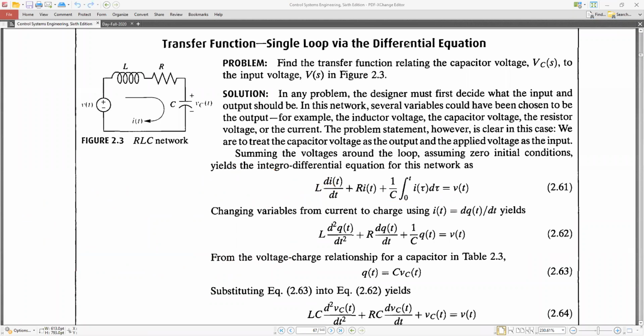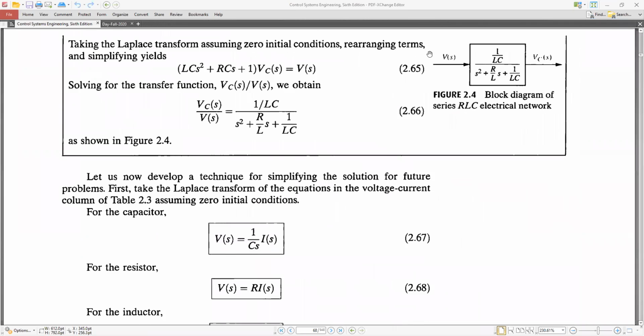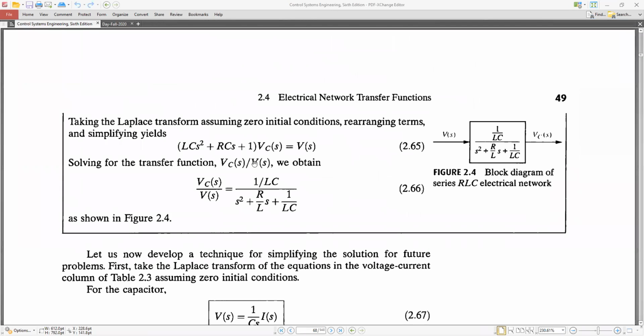Now, so finally, see this. Now I will explain this line also, so that you will understand very well. Like see, what we have got: VC(s) by V(s) is equal to 1 by LCs square plus RCs plus 1.